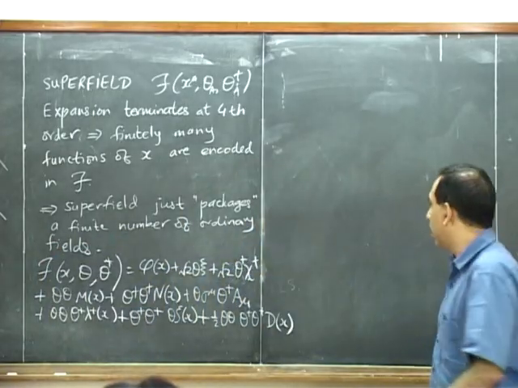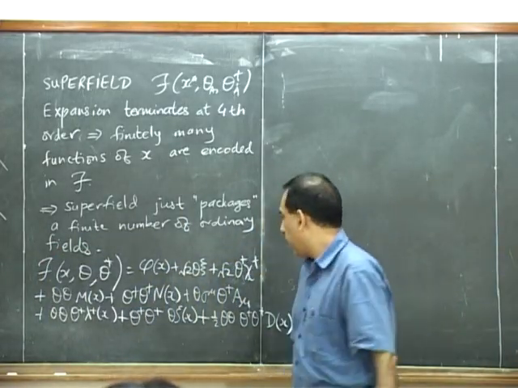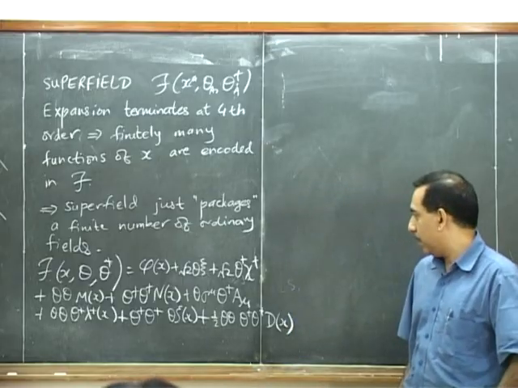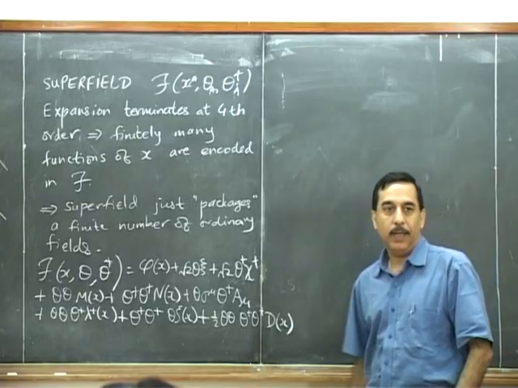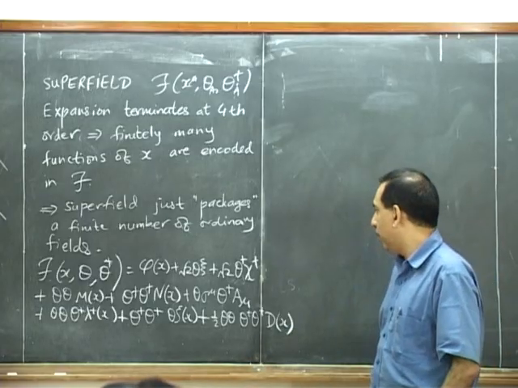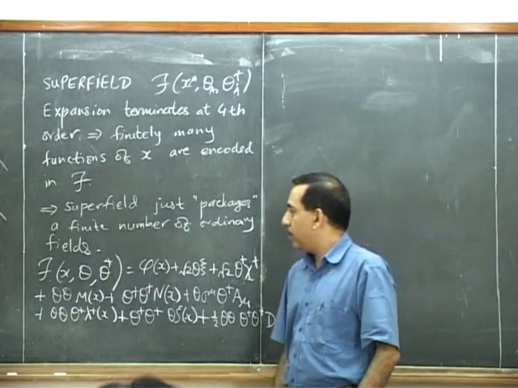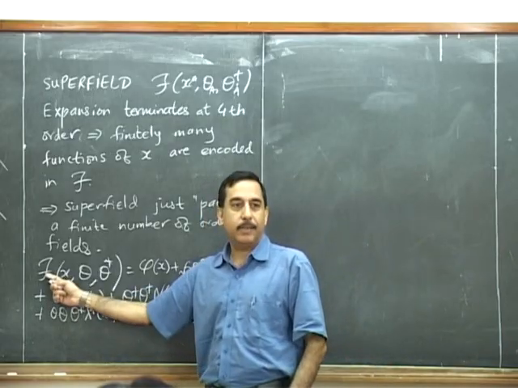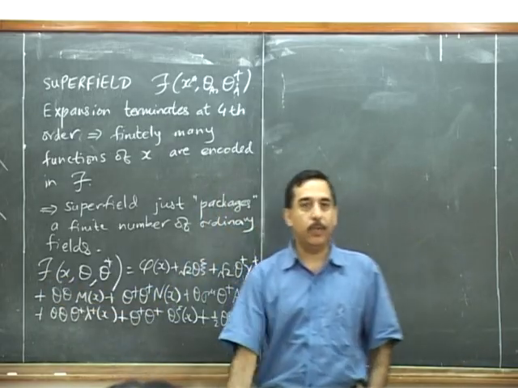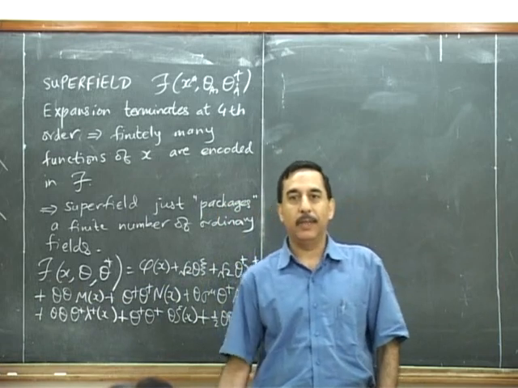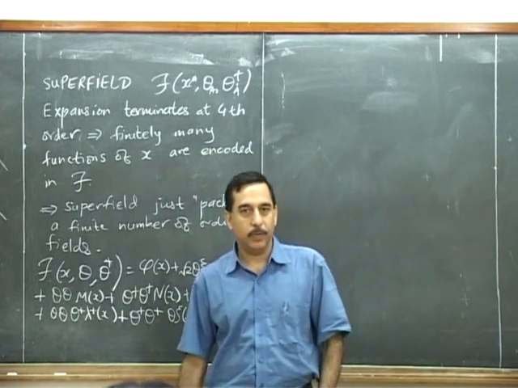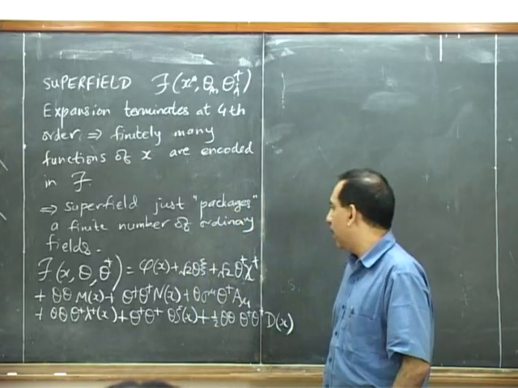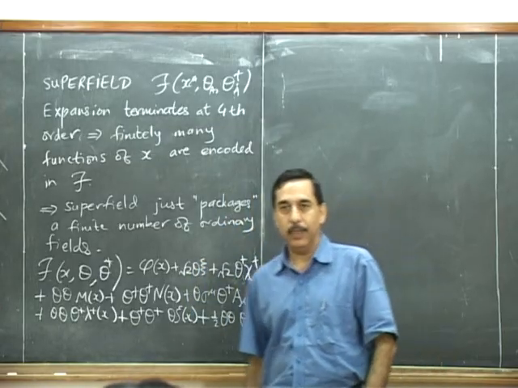So there it is. And although it looks a little bit complicated, I want to just point out a few features of this expansion of a general superfield. The first thing is, by our choice, we didn't assign any index to this f. In principle, it could itself have been something like a vector or a spinor or something. We just chose it to be a scalar, so it's a scalar superfield, and we'll get by pretty well most of the time with scalar superfields.